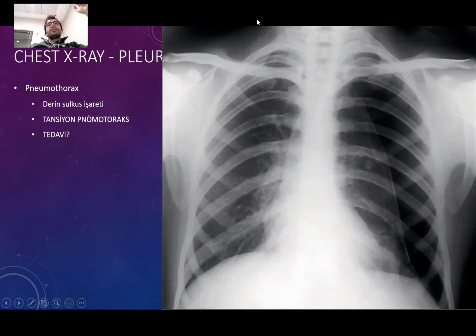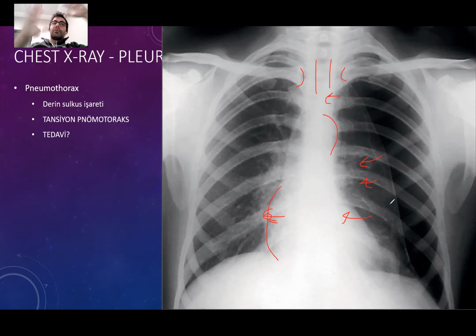Also, something that we should always keep in mind is tension pneumothorax. In this case, there is not a big amount of mediastinal shift on the top, but there is definitely some mediastinal shift on the bottom. The right heart border is starting to get to the other side, and the lung area is compromised, and the aortic arch is almost invisible in this patient.